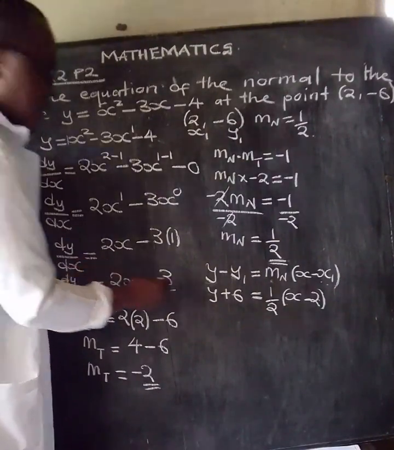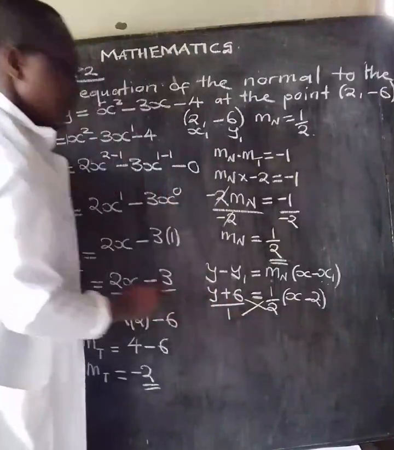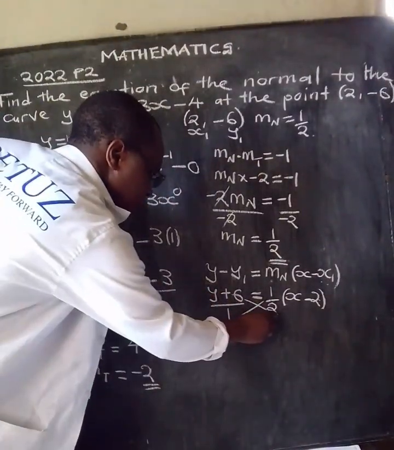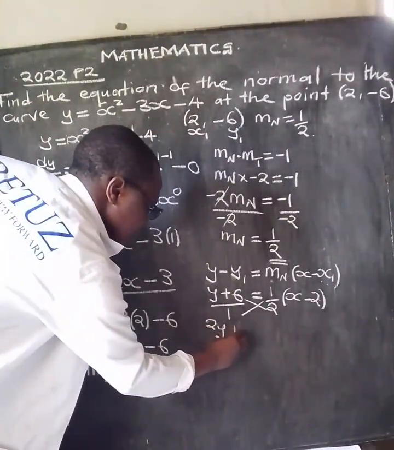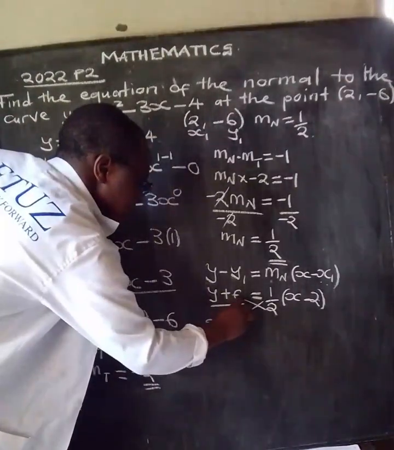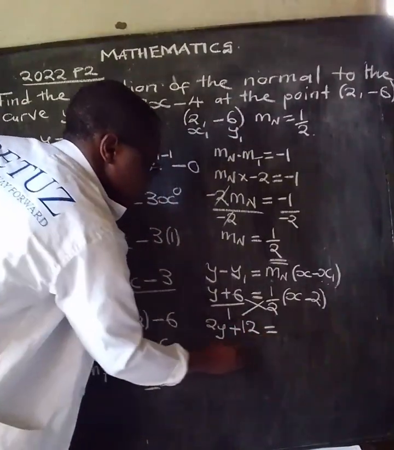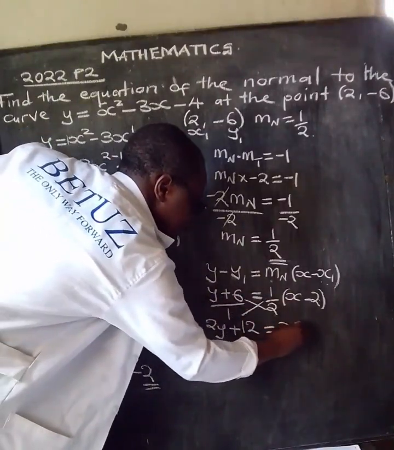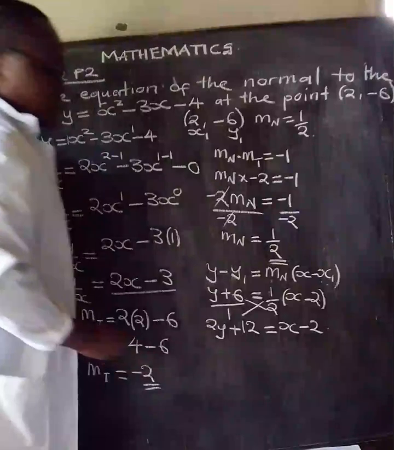To make your work easier, you just say over 1, then you cross multiply. Meaning we multiply 2 times y, you get 2y, plus 2 times 6, you get 12, is equal to 1 times 1 is just 1, 1 times x gets x, 1 times negative 2, you get negative 2.